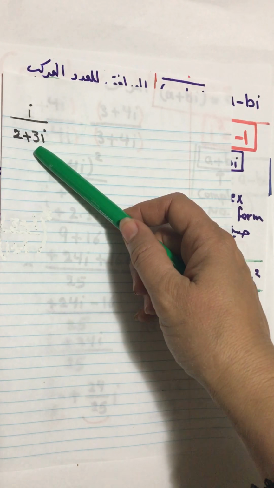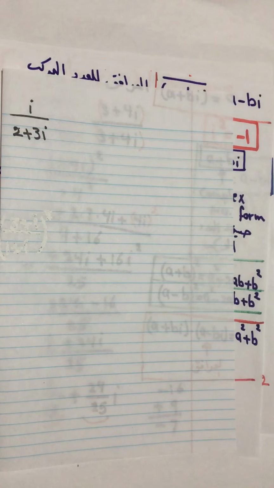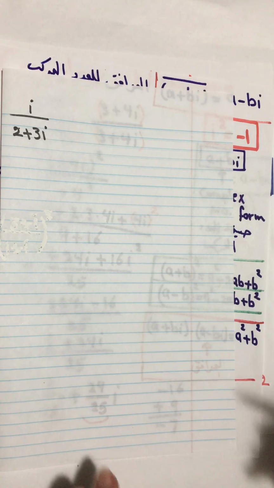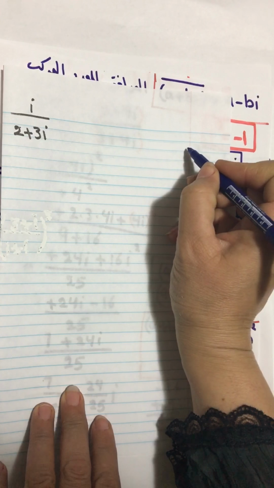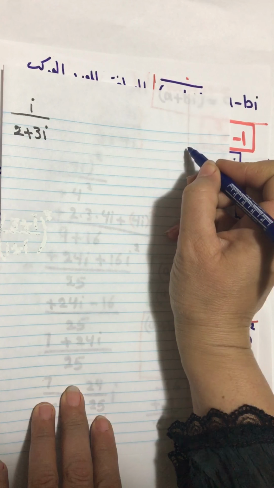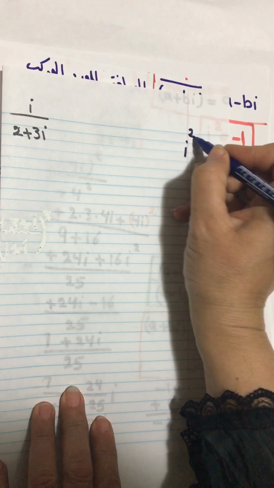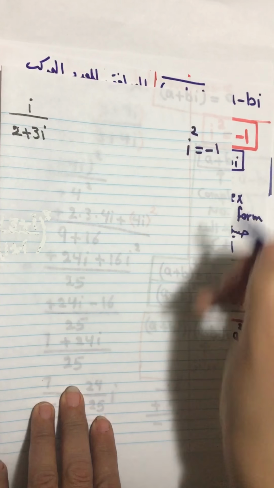I over 2 plus 3i. So I have to convert this fraction to a complex number. I can write down this note: i square equals -1.